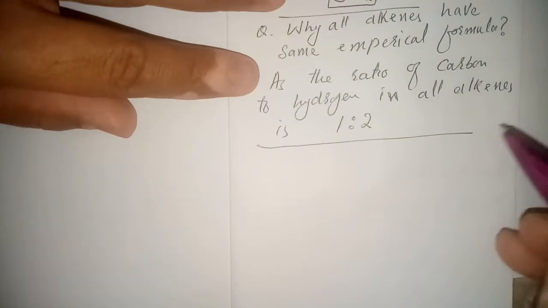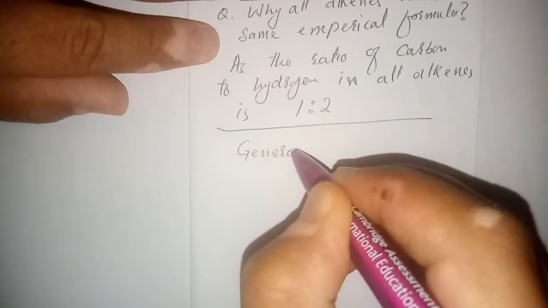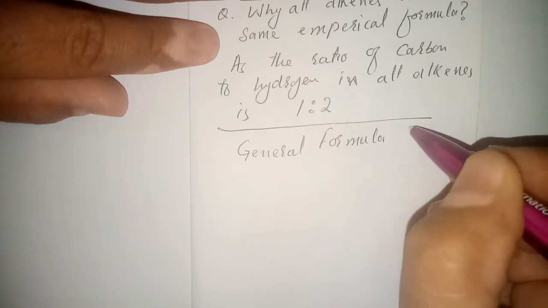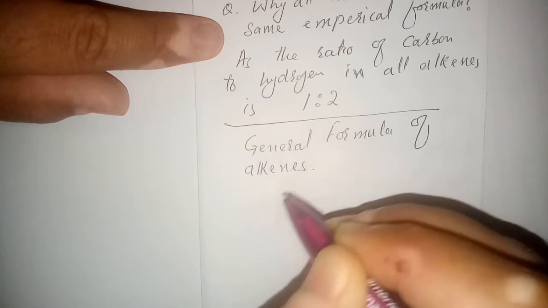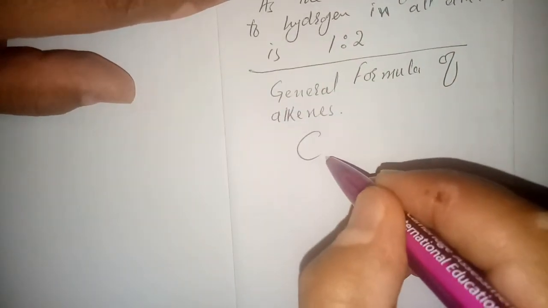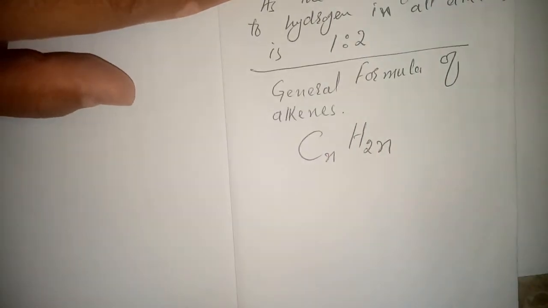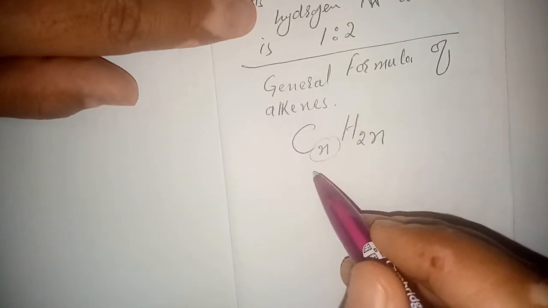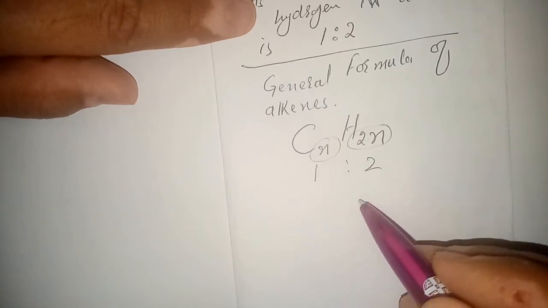And here you must remember the general formula of alkenes. It is CnH2n, and this also indicates that we have 1n and then 2n.